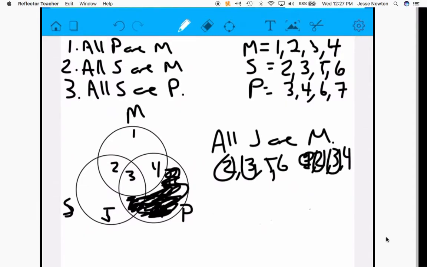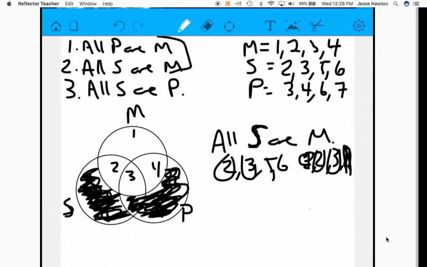And we cross out these because we don't need them. We're saying all S are M. So all the S are in 2 and 3. That means no S in 5. And lo and behold, we don't even have to shade in 6 because it's already been shaded in. So this would be the diagram of the combined premises.